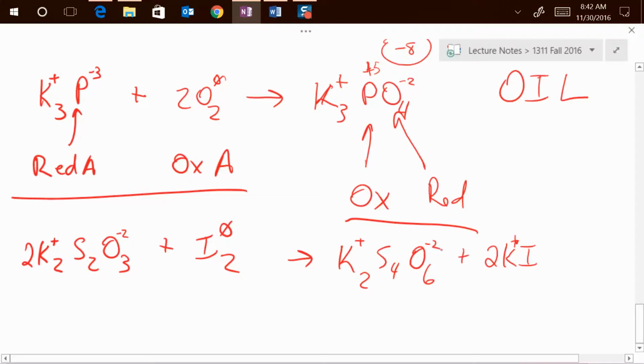So what's changing oxidation state? Sulfur. Okay? So this is -6. We have a +2, so that leaves what? +2 here. This is negative 12. We have a plus 2. And that leaves what? It's 5? Oops, I'm sorry.